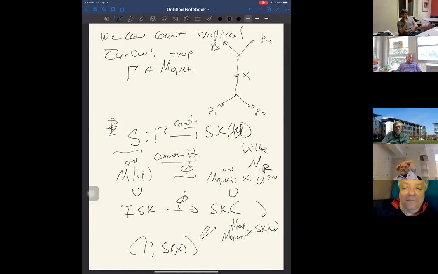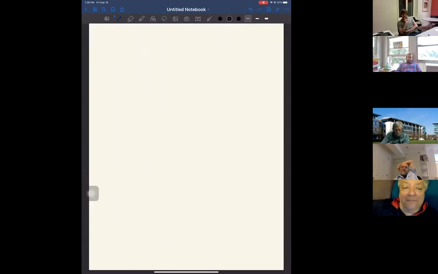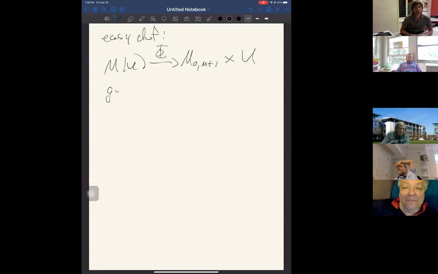Oh, I should have mentioned something at the moment here. Same picture, but let me make a remark. That easy deformation theory shows this, that if I look at the map from M of U to M0, M plus 1 cross U, just taking an analytic map, take its domain, and take the image of the last point. If I call this thing phi, it's generically finite étale.